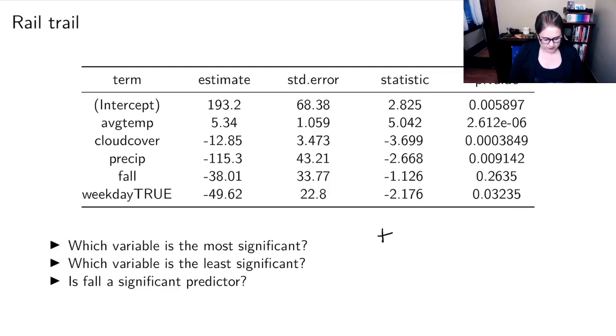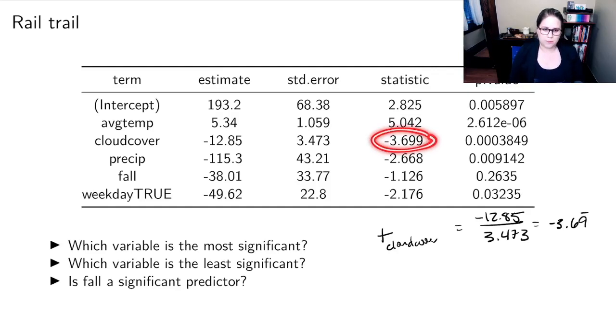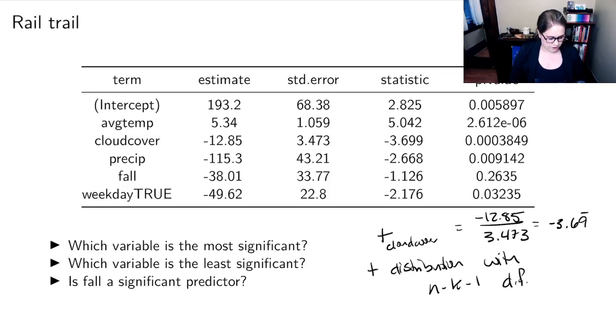If we wanted to find the t-value for cloud cover, that would be the b_1 value, negative 12.85, divided by the standard error, 3.473, or negative 3.69 repeating. That's the same thing that was in the table, but maybe we want to confirm for ourselves. Then to find that p-value, we'd need to look in a t-distribution with n minus k minus 1 degrees of freedom.